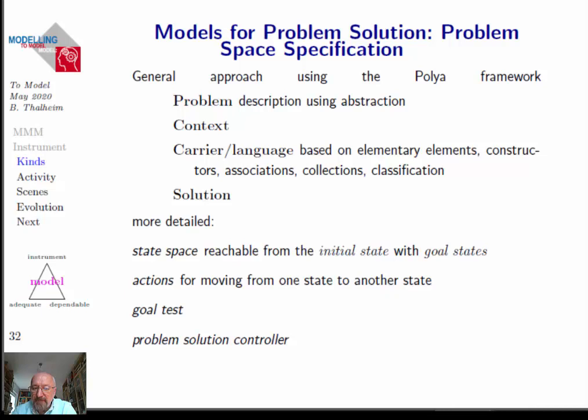For this reason we have actions for moving from one state to another state. Hopefully the actions can result in reaching the goal states. We might have also a goal test, and of course in this case we can base our model on a problem solution controller.